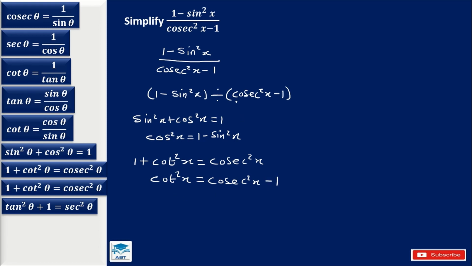So we can also replace cosec square x minus 1 with cot square x. So in this bracket we have cos square x divided by cot square x.